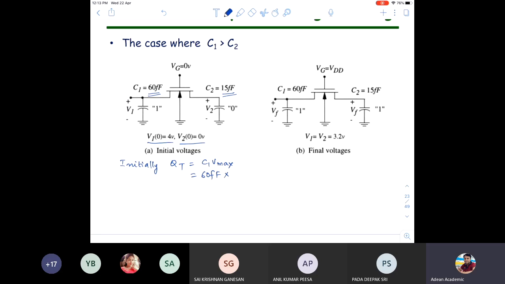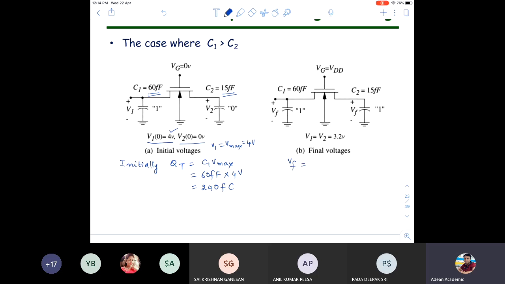Vmax is nothing but V1 initially, which is 4 volts. So 60 into 4 will be 240. This is charge, so it is 240 femtocoulombs initially.